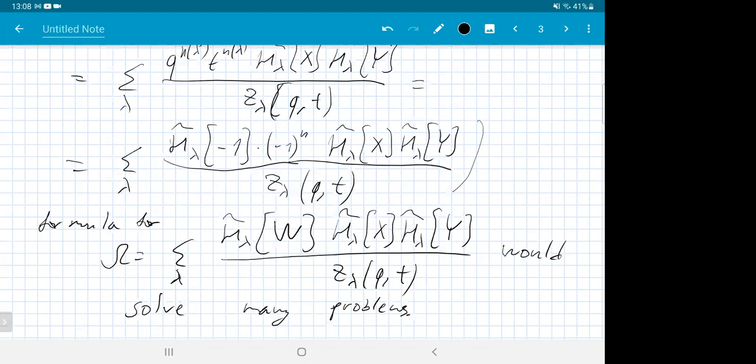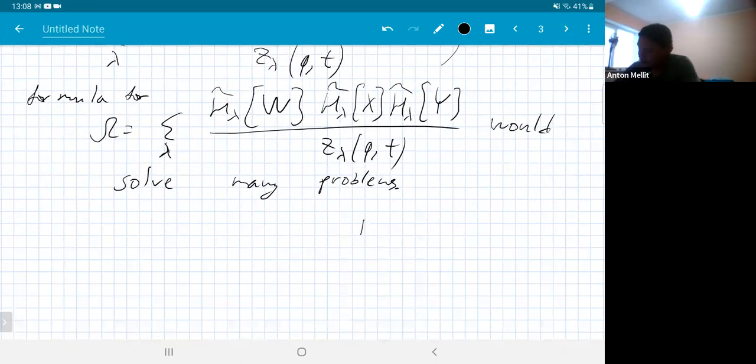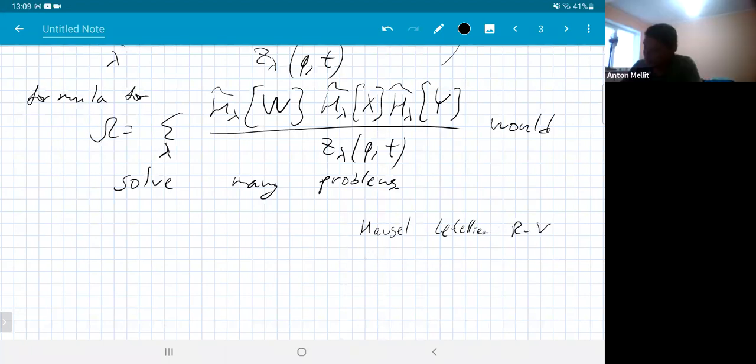And can you give a reference for that? This is Hausel, Letellier, and Rodriguez-Villegas, called arithmetic Fourier transform, or something about character varieties.